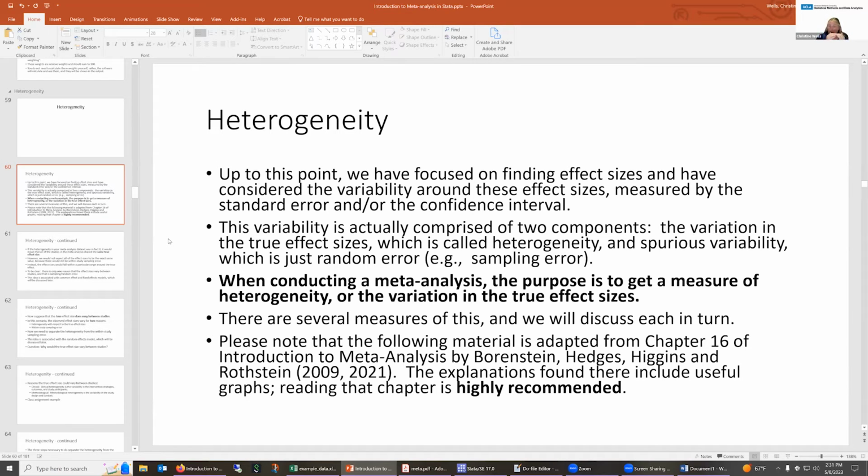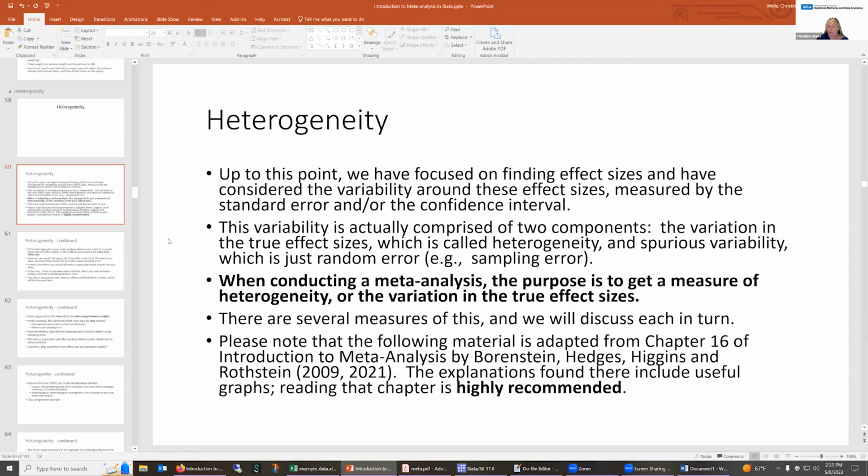We just need to pull that apart. So the purpose here is to get this measure of heterogeneity, the heterogeneity minus the spurious variability. That's what we're going for.